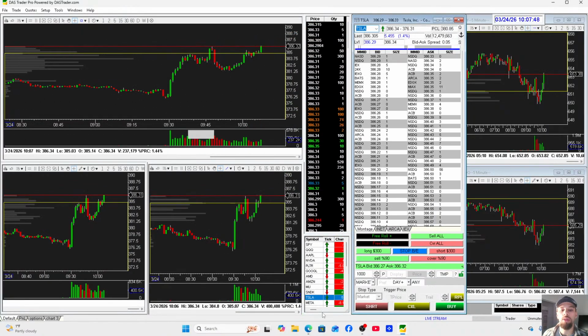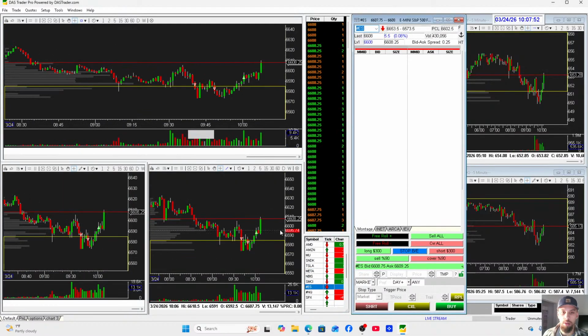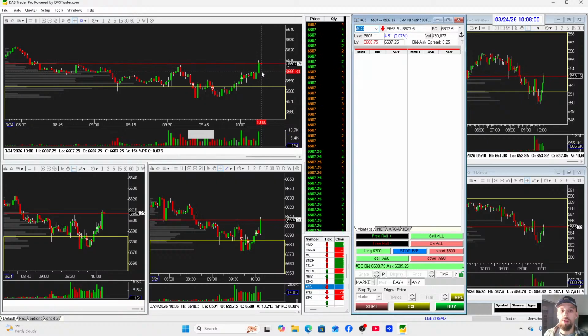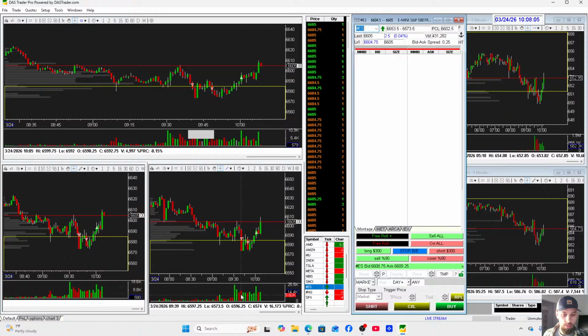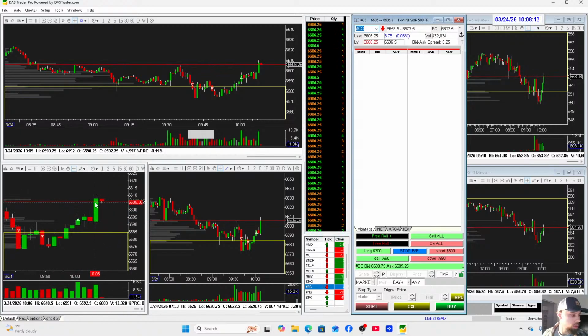Tesla, very bullish. SPY looks very bullish as well. It's a nice 2-minute candle to the upside.